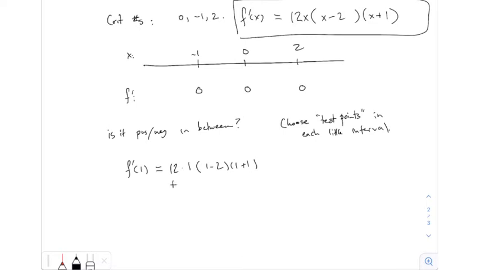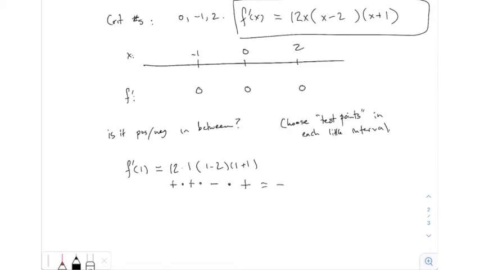This is positive times a positive times 1 minus 2 is negative, and then 1 plus 1 here is positive. I only care if it's positive or negative. And what is that? 3 positives times a negative is a negative. The rule is if there's an even number of negatives, they all cancel out and you get a positive. If there's an odd number of negatives, you get a negative.